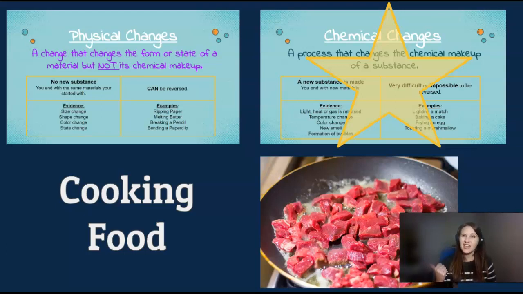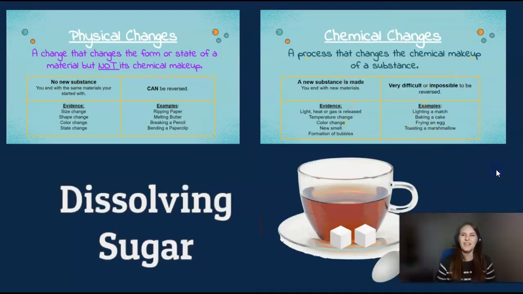No, this is a change that is very difficult, pretty much impossible to undo. We cannot make it go back to uncooked meat. The color changes. You see the bubbles forming as the grease cooks and it gets hot and makes a new substance. It goes from raw meat we cannot eat to delicious cooked yummy meat that we can eat, that is safe for us.